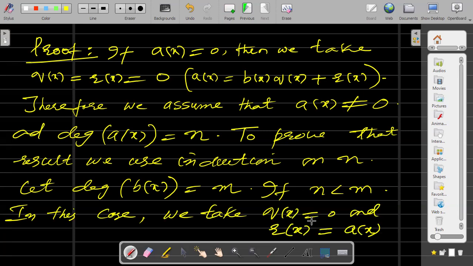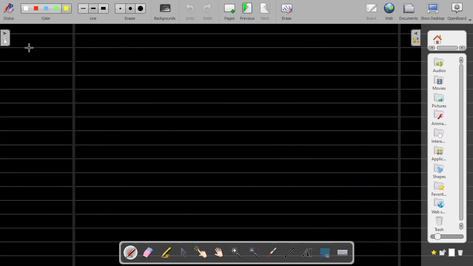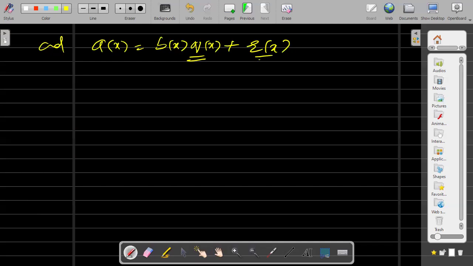So the degree of r(x) is less than the degree of b(x), and we can see that the equation is also satisfied, that a(x) is equal to b(x) times q(x) plus r(x). This can be easily verified, because here q(x) is 0 and r(x) is a(x), so a(x) is a(x).